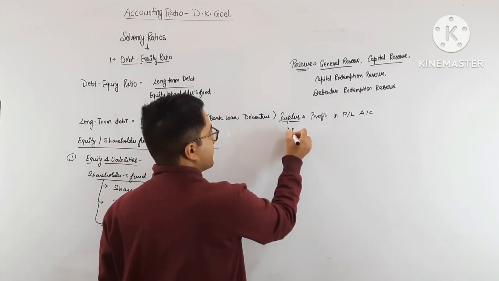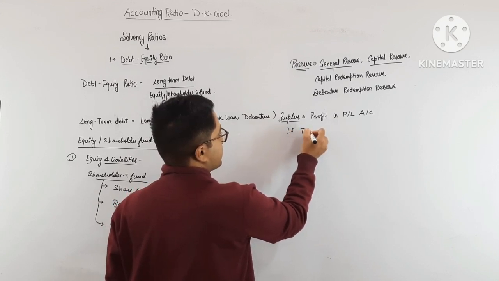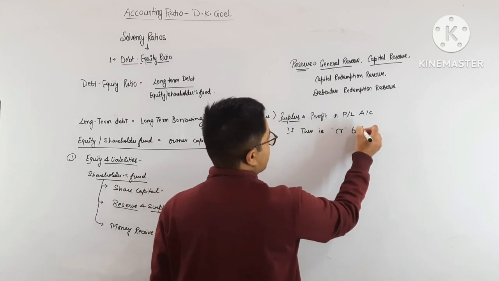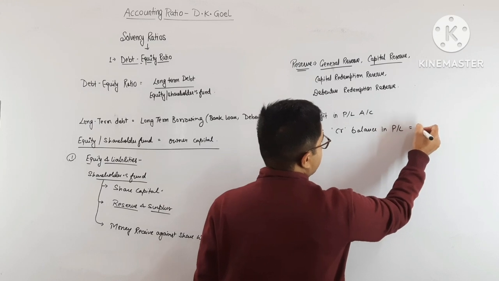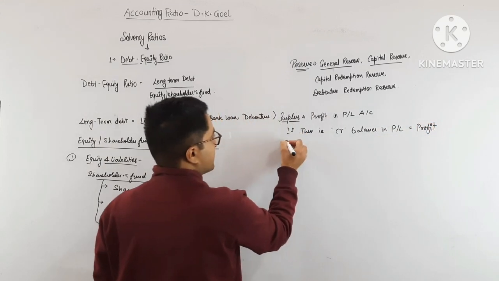If there is a credit balance in P&L, it means that there is a profit.